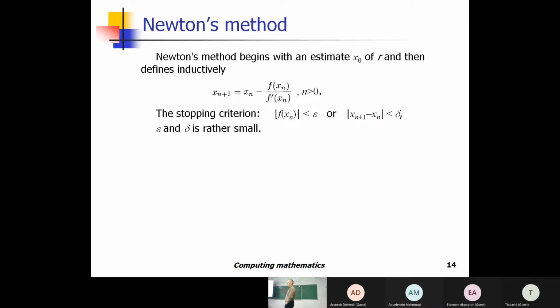Using x0, I compute x1. Using x1, I compute x2. Using x2, I compute x3.